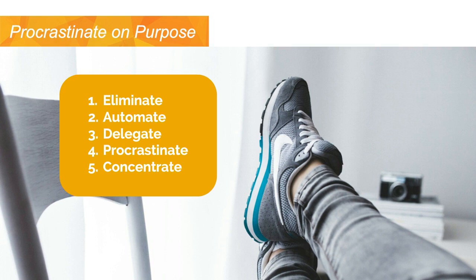As you go all the way through this funnel, you've eliminated things, automated some things, delegated things to other people, and procrastinated on a few things you don't have to do today. Then you find yourself concentrating on those two, three, or four main activities at work, so you can be the most productive and get the most done.